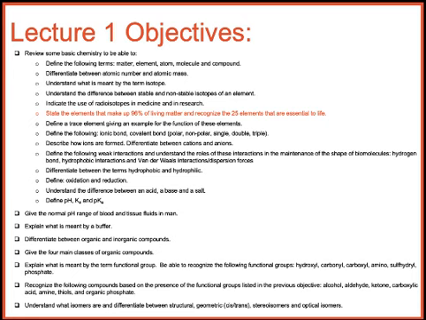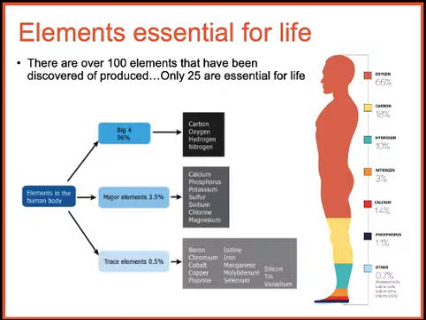Now, state the elements that make up 96% of living matter. There are over 100 elements that have been discovered or produced, but living organisms rely heavily on only a small fraction of these.